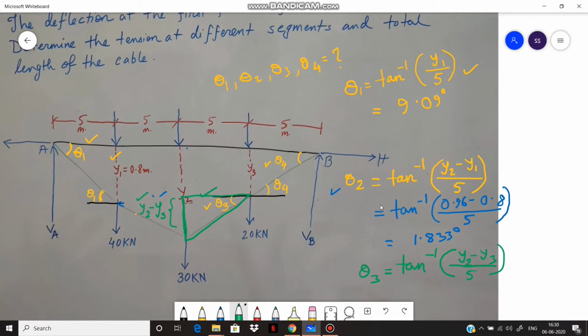So calculating this, we get tan inverse of 0.96 minus 0.64 divided by 5. So we get theta 3 equals to 3.6 degree.